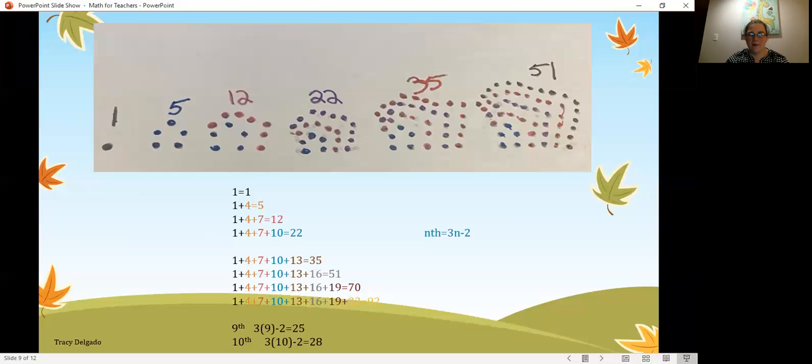So in this case, the 9th one is 3 times 9, which is 27, minus 2 gives us 25, which would be 22 plus 3. And then the 10th is the same, 3 times 10, minus 2 gives us 28, which would be the next one in this pattern.